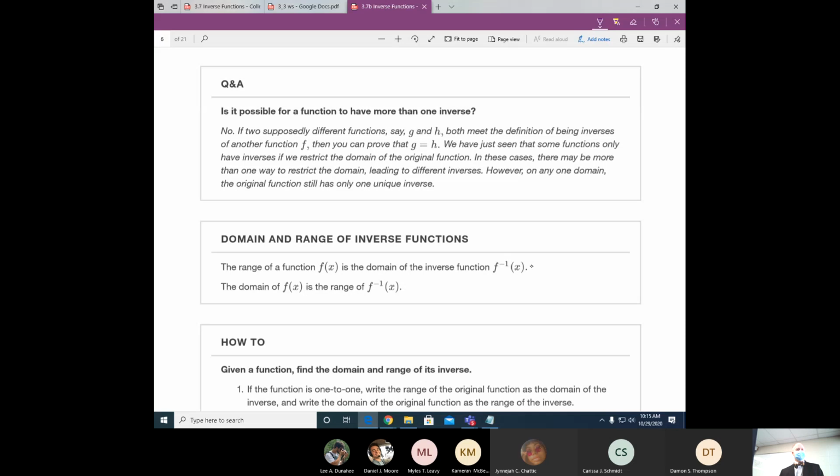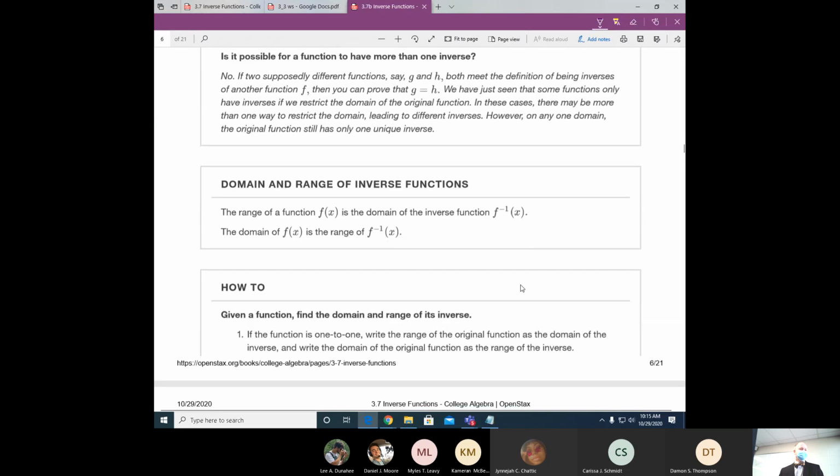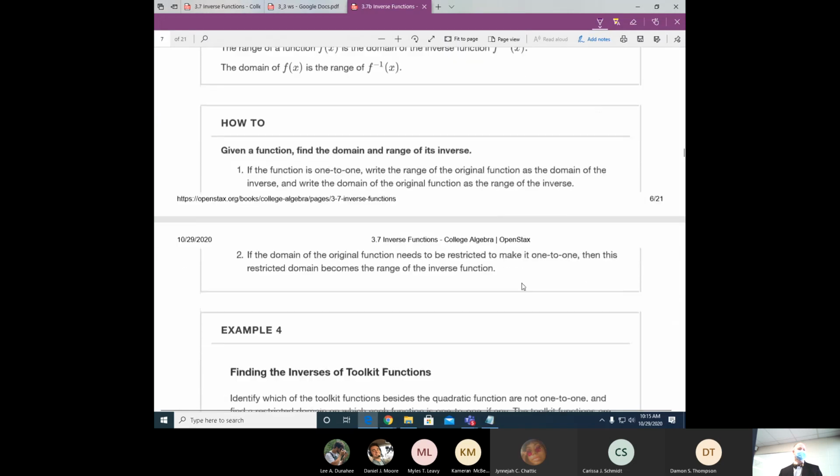At least it's giving you a little mind exercise, understanding and working through a little tougher problem. And again, we got this one-to-oneness requirement. So if I have a function one-to-one, the range of the original is the domain of the inverse.